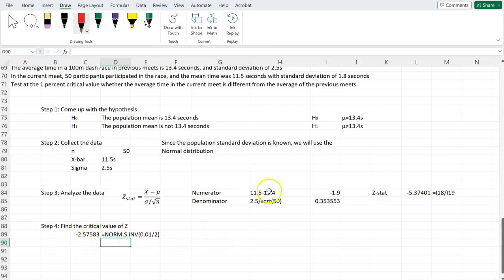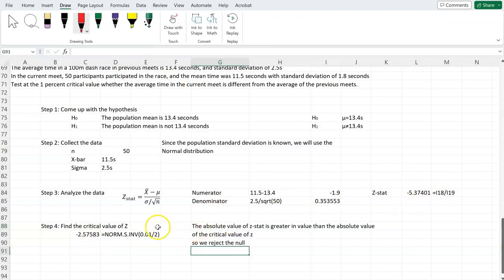We drop the negative value just so that it's easier to compare with my z-stat. So again, the absolute value of the z-stat, which turns out to be 5.374, is greater in magnitude than the absolute value of the critical value of z, which is 2.57. So we reject the null.